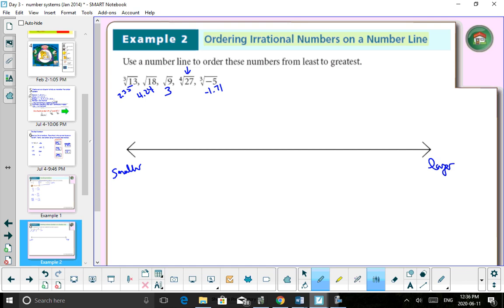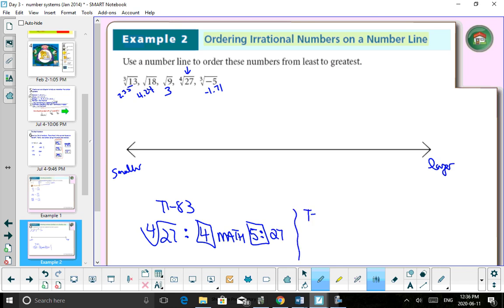We haven't done a fourth root yet. Now this is going to be a little bit different depending on which calculator you have. For the TI-83 people, for the fourth root of 27, you're going to first enter the number 4, then hit the math key, pick number 5, and then enter 27.